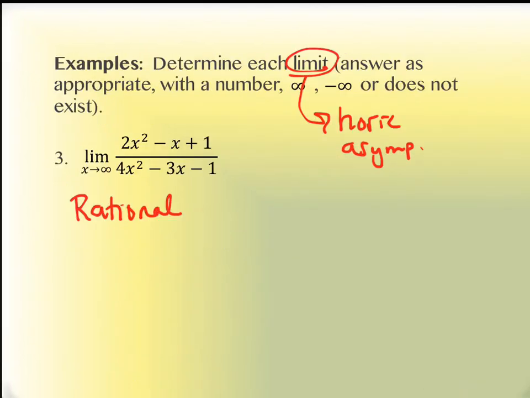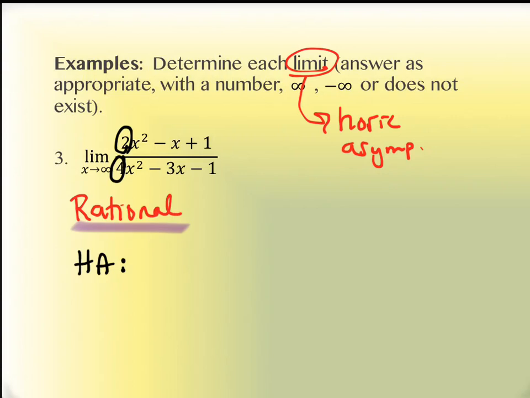So if we've got a rational function, all we need to do is to find the horizontal asymptotes. So what is my horizontal asymptote here? 1/2. Where'd you get 1/2, Matt? You're right. The degrees on both top and bottom are the same, so it's just the numbers in front of the x squared. Good. So the degrees on top and bottom are the same, so it's case 3.